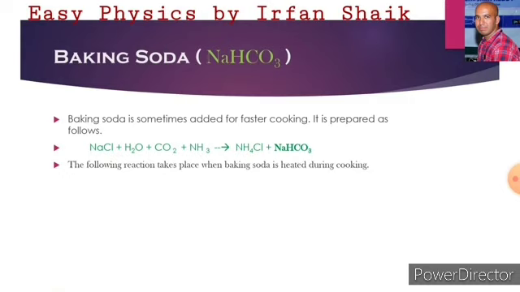When baking soda is heated in the oven, it releases carbon dioxide gas. This carbon dioxide gas makes the cake or bread spongy and soft. This baking soda, that is sodium hydrogen carbonate, is also used as a mild antiseptic.